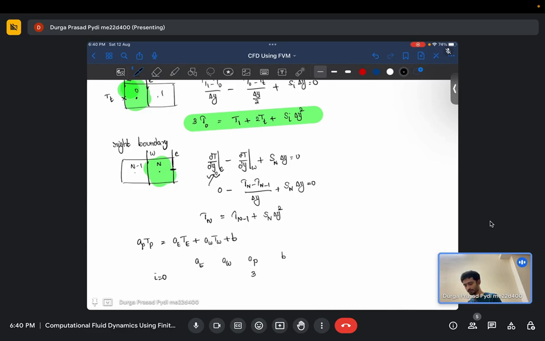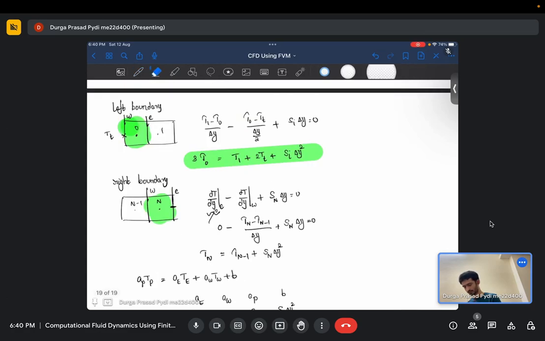A East is essentially 1. A West, we don't have any cells towards the left of it, so we have 0. And your B term is essentially S1 times delta y square. Oh, sorry, it should be S0, you are writing for the 0th cell.